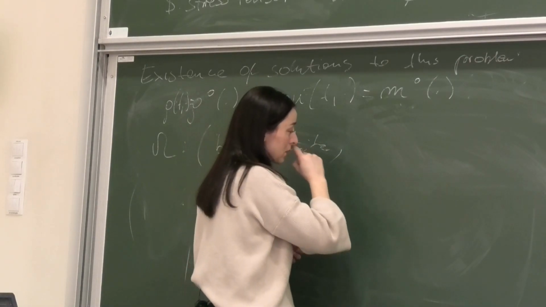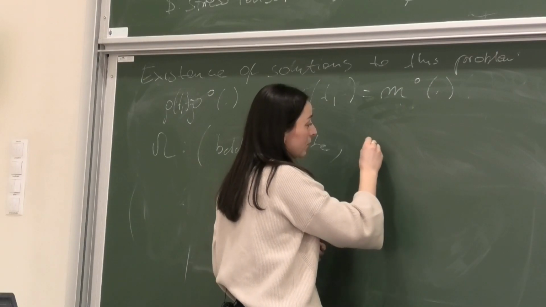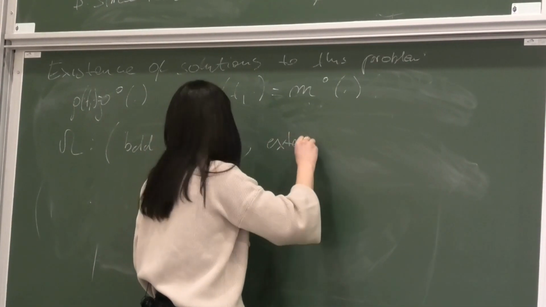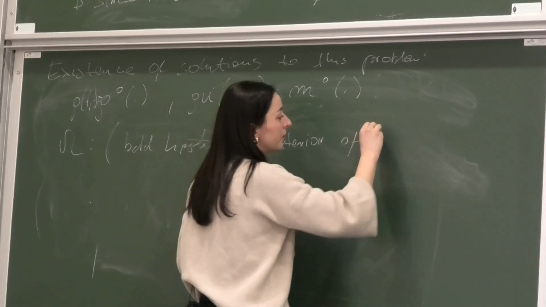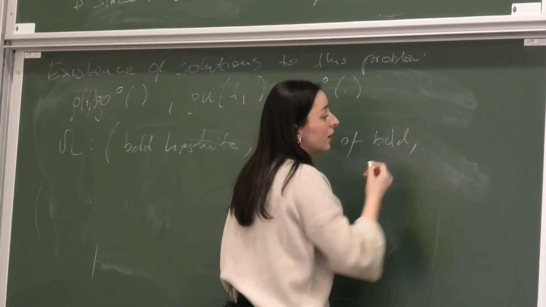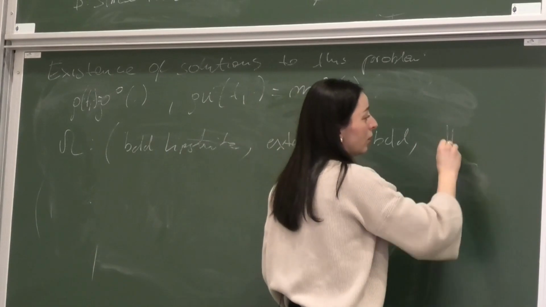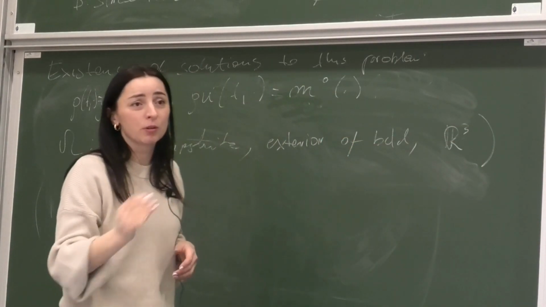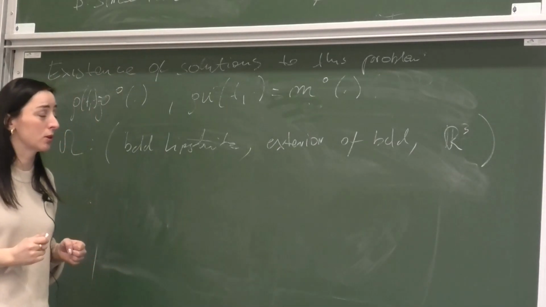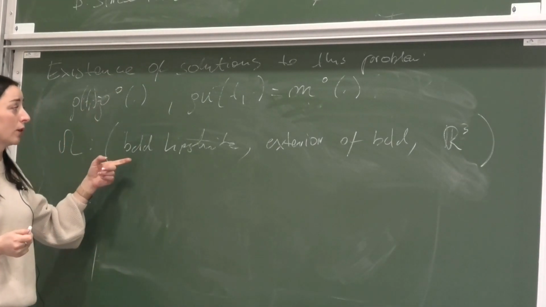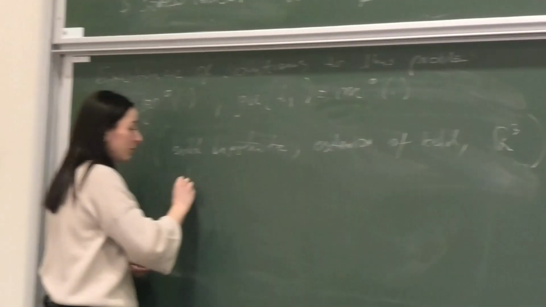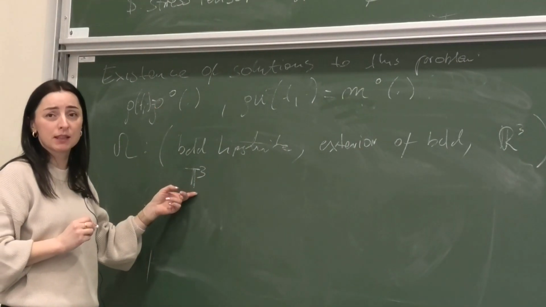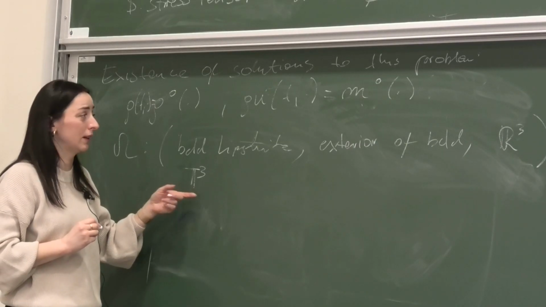This is the project that we do with Bogusov right now, so the exterior of some bounded domain. Or you can think about the whole R^3. I'm choosing 3 for simplicity, but the whole theory, of course, works for dimension 2 as well. In particular, it also works for the torus. Let's say the 3-dimensional torus, and this is the simplest case that I'm going to discuss today.